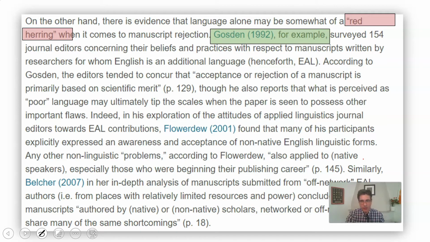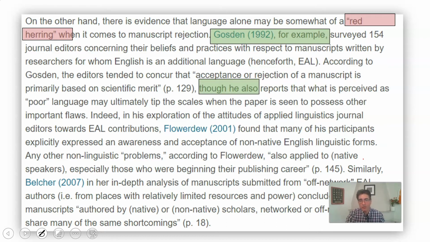And when I'm cooking up that spaghetti, this is my red herring sauce, and I'm using Gosden's voice, and I'm also problematizing and discussing. So even though I'm reporting Gosden, I'm also adding my own voice there with these adverbial clauses, though he also reports that what is perceived as poor language may ultimately tip the scale.